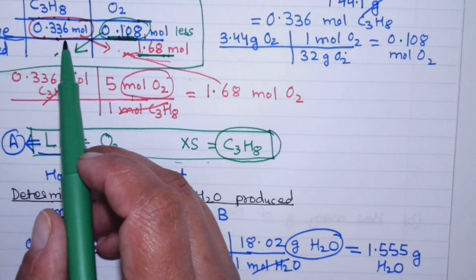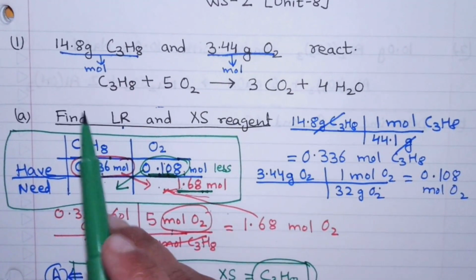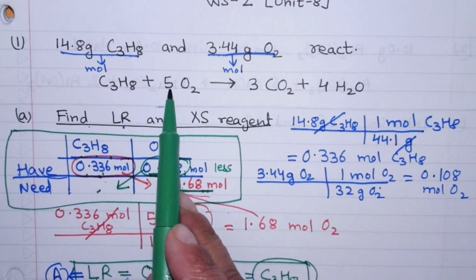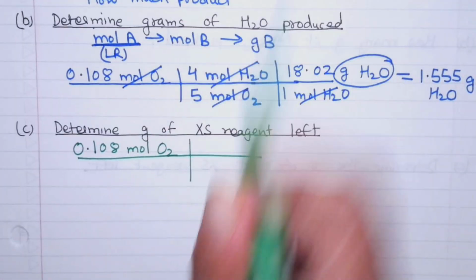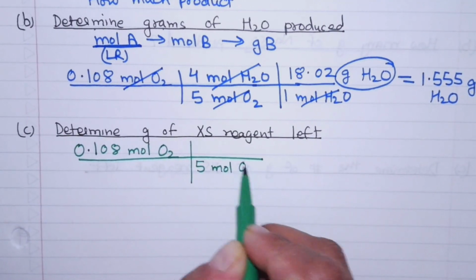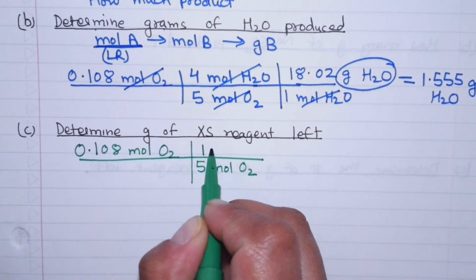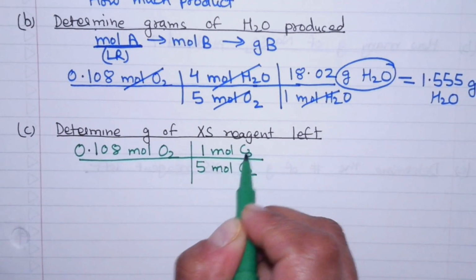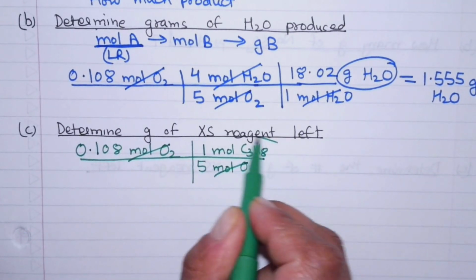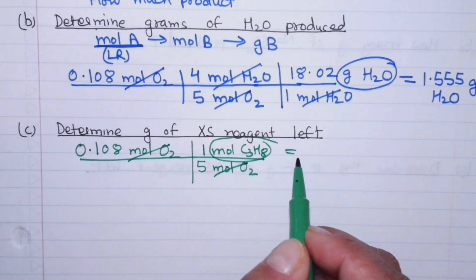So what is the mole ratio between oxygen and this? So 1 to 5, right? So 5, I'm going to write 5 moles O2 equals 1 mole C3H8. You can see this cancels with this, you get your answer in that, right?